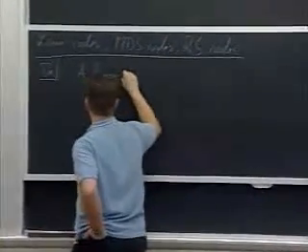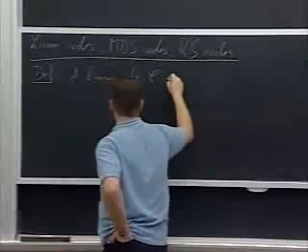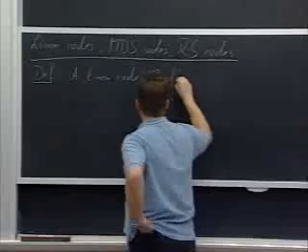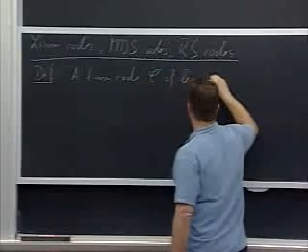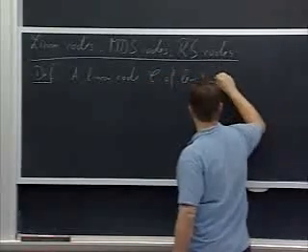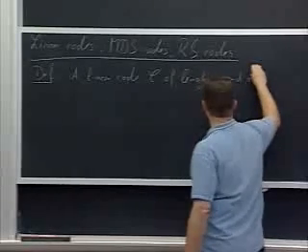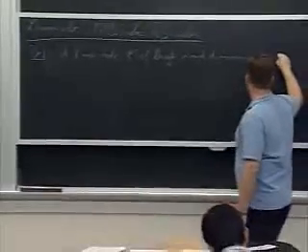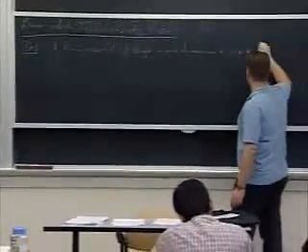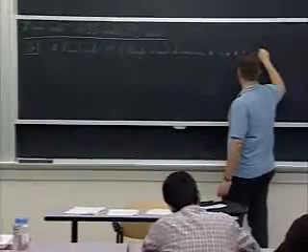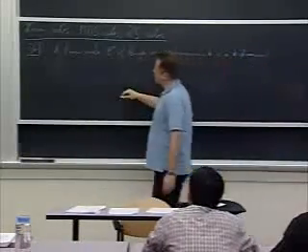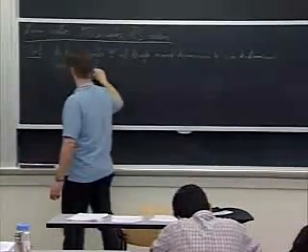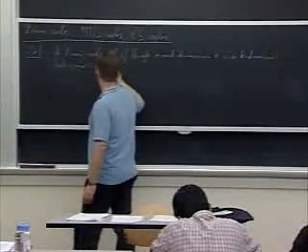A linear code C of length n is a k-dimensional subspace of F^n.